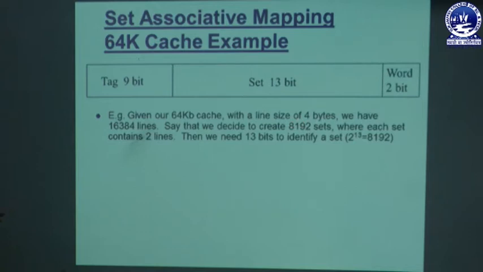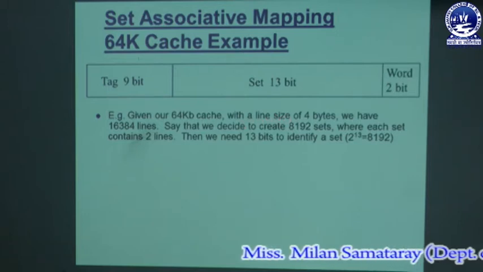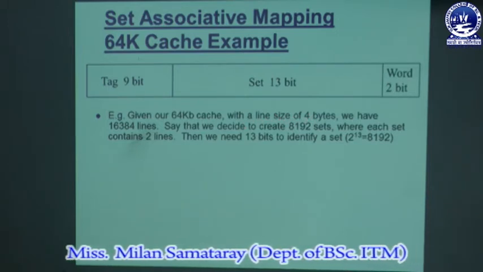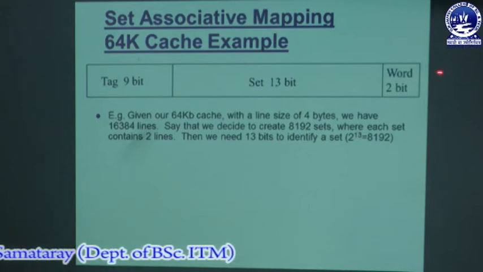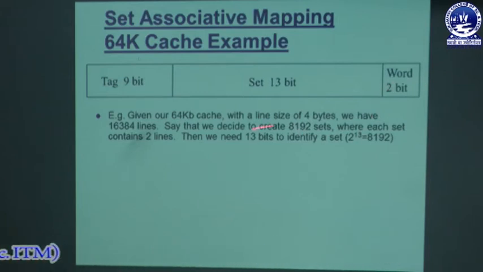And also I have told you that whether it is byte or word, here we have to consider that 1 word equals 1 byte. So the line size will be 4 words. So to represent 4 words we need 2 bits. We have 16384 lines, and what about the sets?